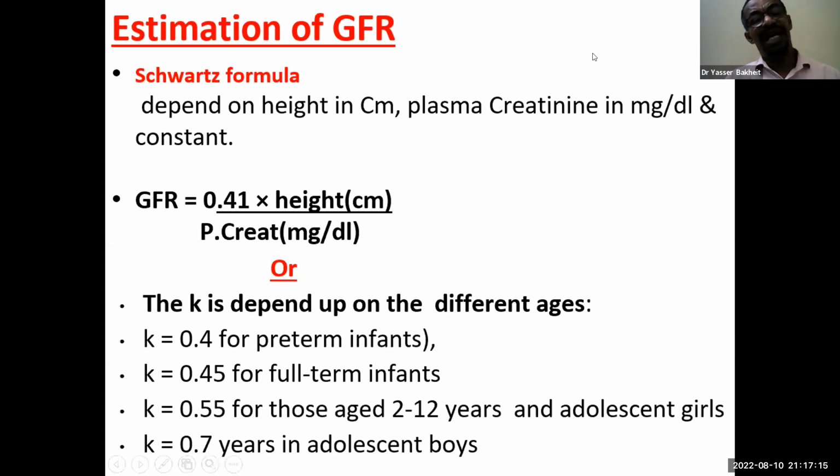So the GFR is calculated by 0.41 times height in centimeters over plasma creatinine in milligrams per deciliter. Still, some centers use equations depending on the different age, so the constant differs among the different ages.